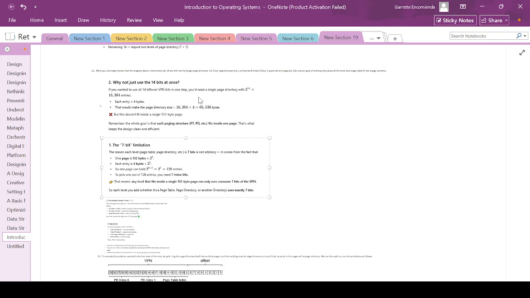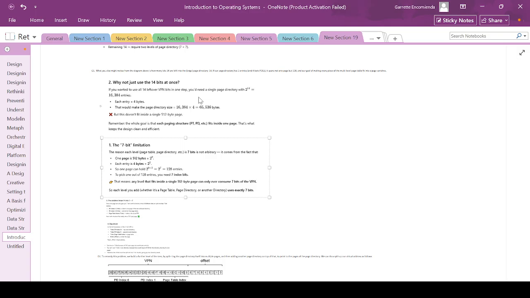That would make the page directory size 16,384 times 4 equals 65,536 bytes. But this doesn't fit inside a single 512-byte page. Remember, the whole goal is that each paging structure, whether page table, page directory, etc., fits inside one page. That's what keeps the design clean and efficient.